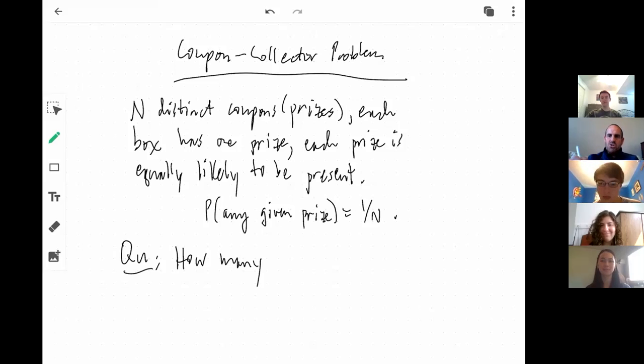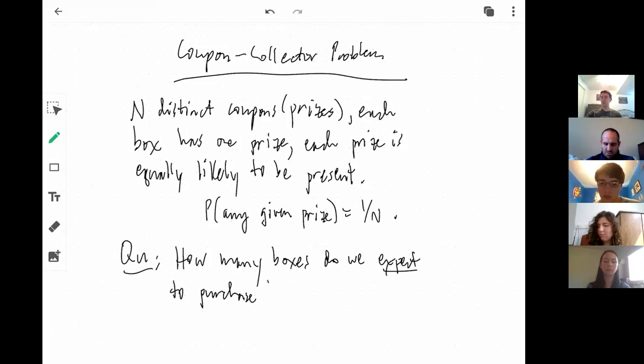But we're thinking: how many boxes do we have to purchase? So how many boxes do we expect to purchase before we have all prizes?